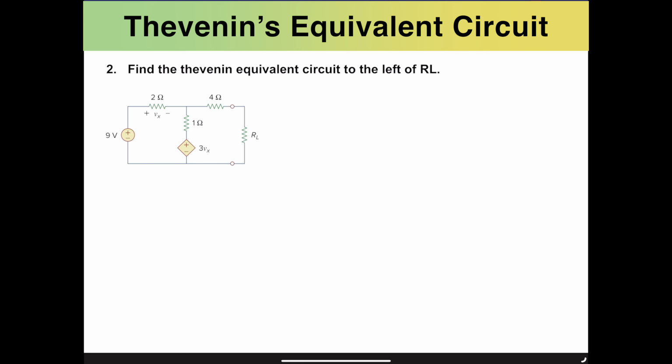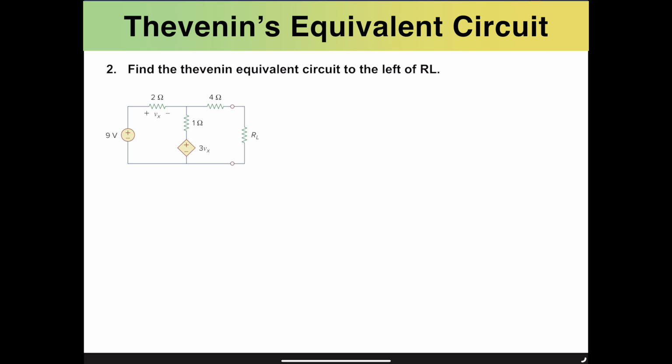Then we would replace this RL with a fictitious voltage source and find the current that is exiting it in division of them. That would give us the resistance of the circuit, knowing that we would then nullify all of the independent sources in the circuit.